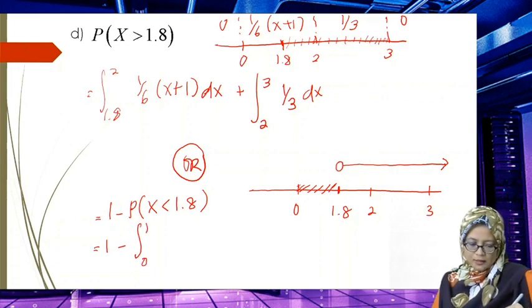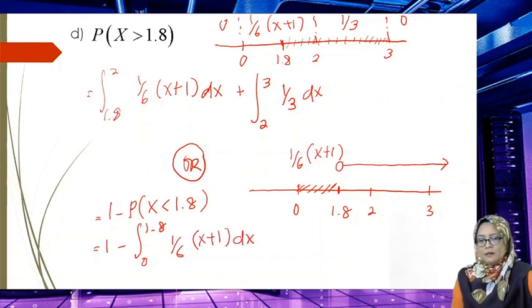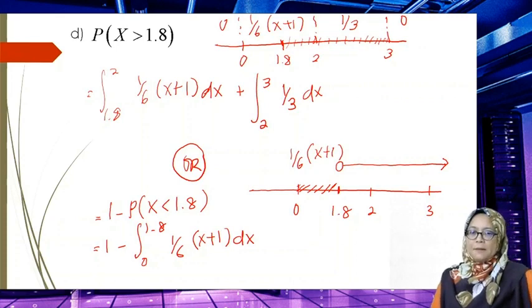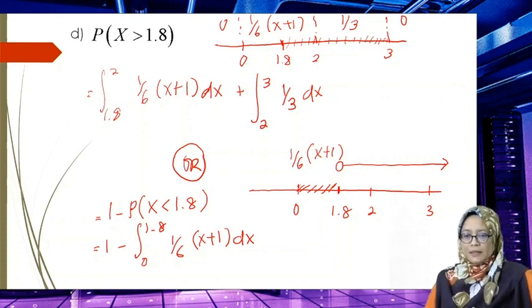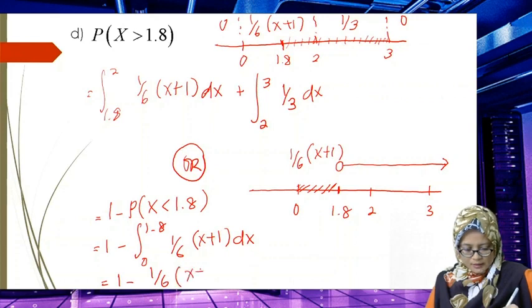Function tadi adalah 1/6 x plus 1. So jawapan dia akan dapat sama lah kalau tak nak integrate banyak-banyak. So awak boleh guna cara ni. Ini 1 tolak 1/6 x tambah 1 kuasa 2 bahagi 2.